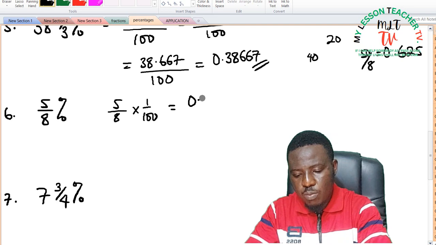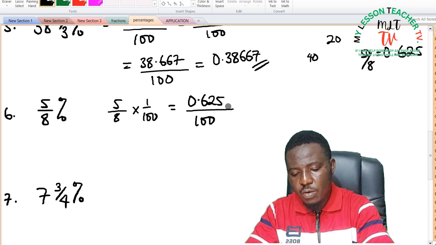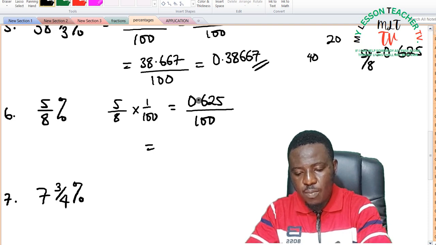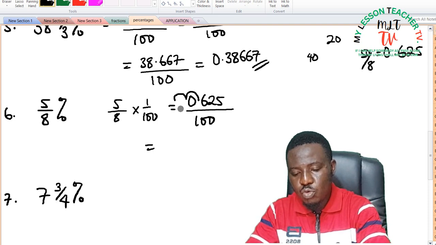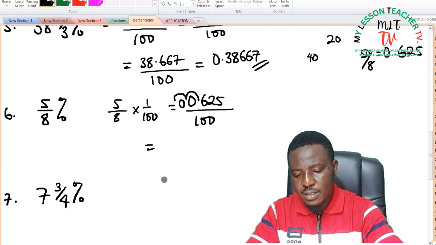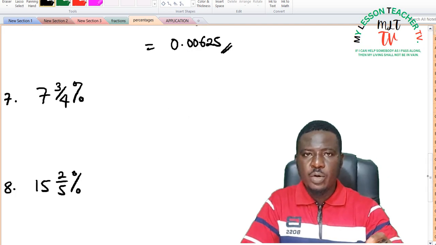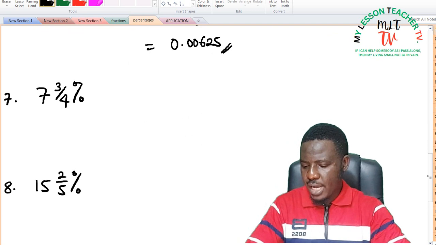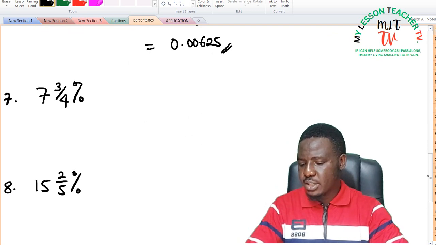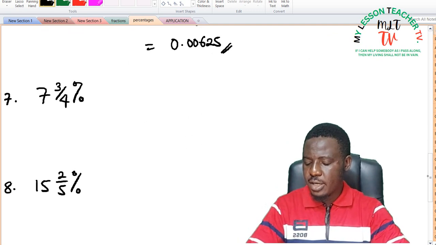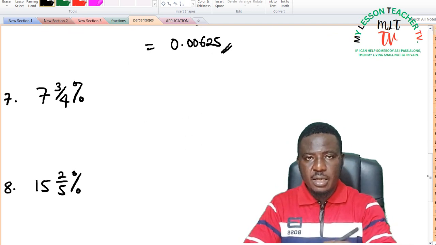So we have 0.625 divided by 100. And when you move the decimal point 2 times to your left, it gives us 0.00625.